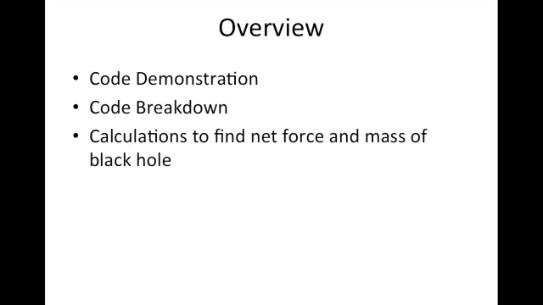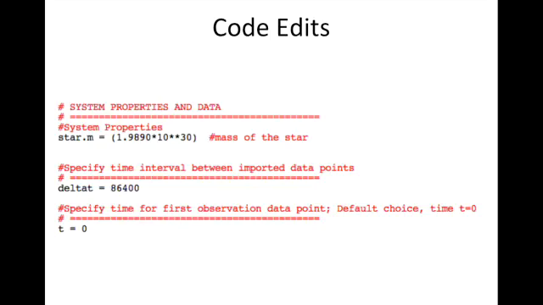So going back to my code breakdown, the first thing that I edited was the mass of the star. I just inputted the mass that was given to me by WebAssign. I also put in the delta t as being 86,400 because that's the number of seconds in the average Earth day, and t was kept equal to 0 for our initial time.